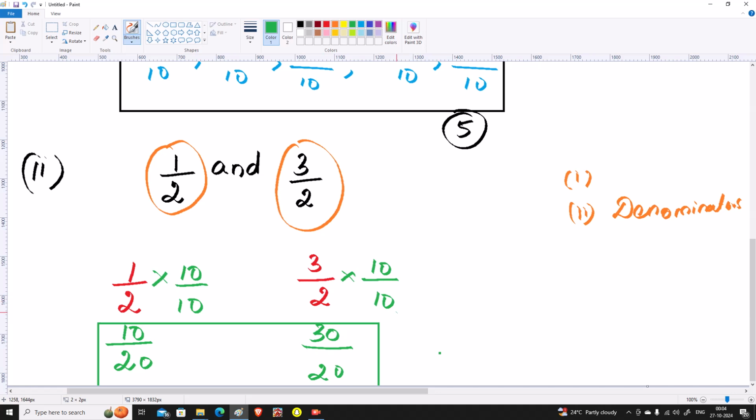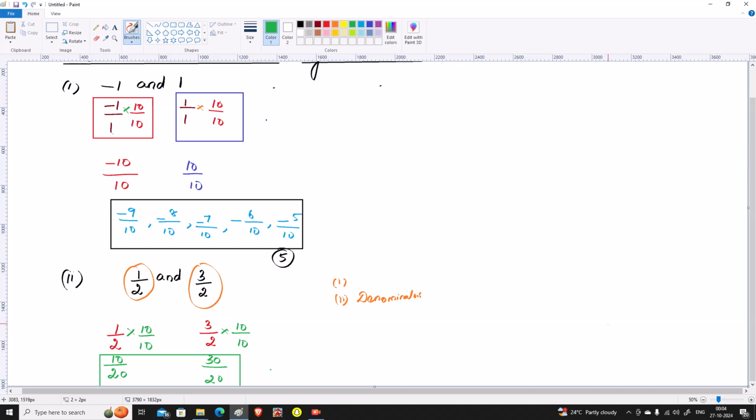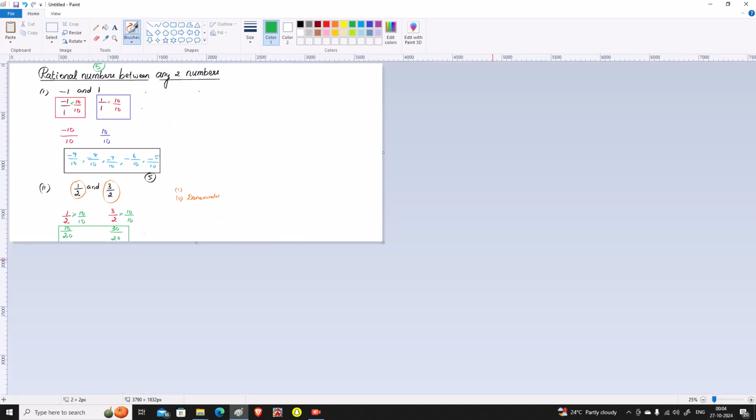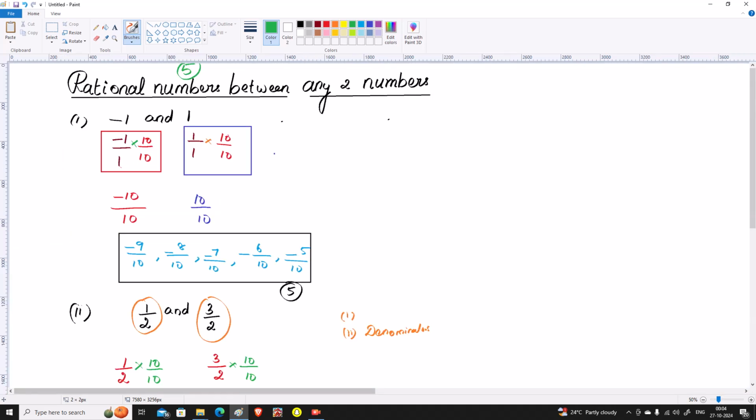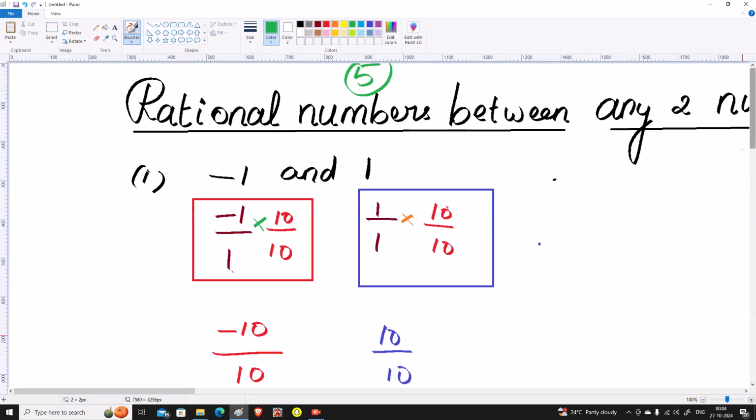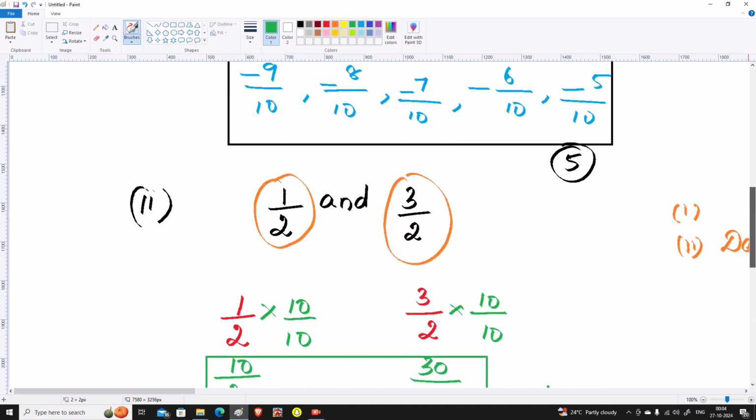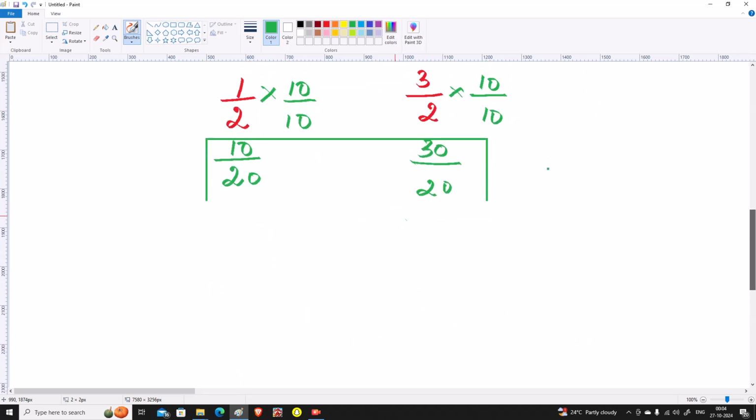Now is it possible to write five numbers between these two? Yes, it's possible. So let me expand this. We are going to write any five numbers between 10 by 20 and 30 by 20.